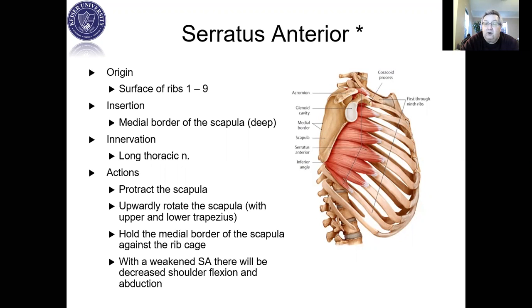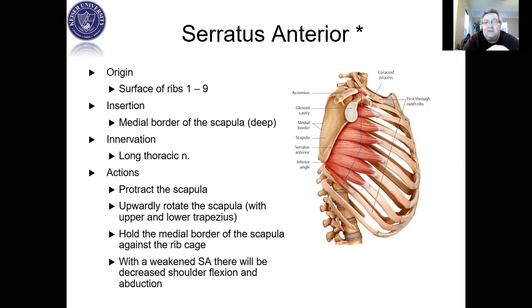It inserts onto the medial border of the scapula. So you have this muscle on the ribs here, it actually goes underneath the scapula and attaches around onto the medial border of the scapula.